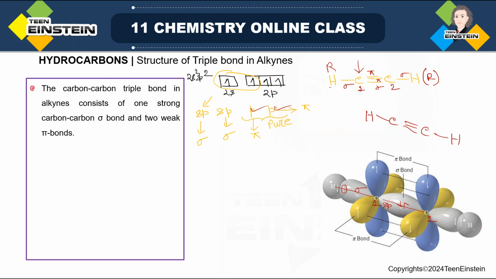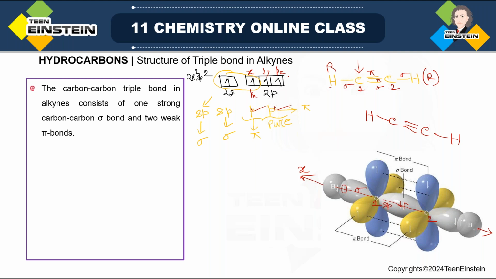Next, suppose this is happening along the x axis. If this is happening along the x axis, then I will say that this p is basically Px. This is Py, this is Pz. Now it is not necessary that hybridization will be with Px only, it may be y or z also. I am just arbitrarily saying it is the x axis, that is the molecular axis where the HCCH fragment is present.